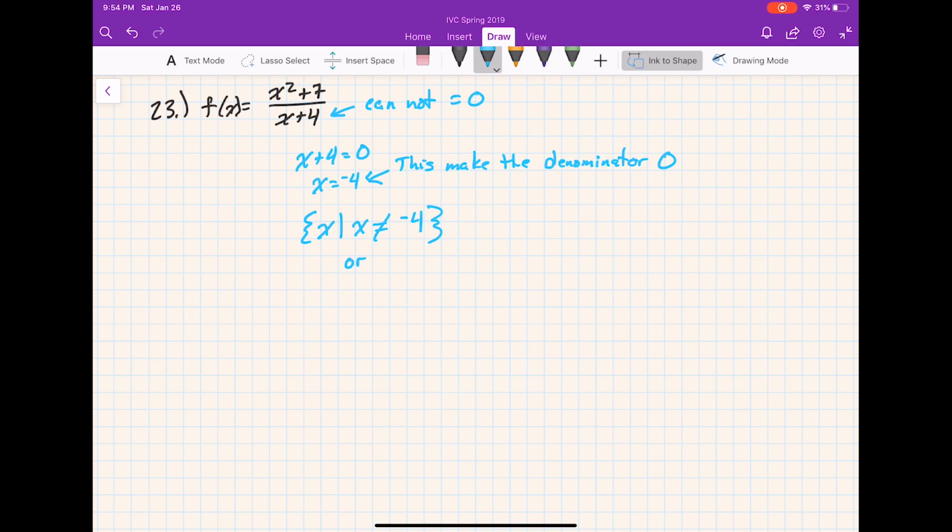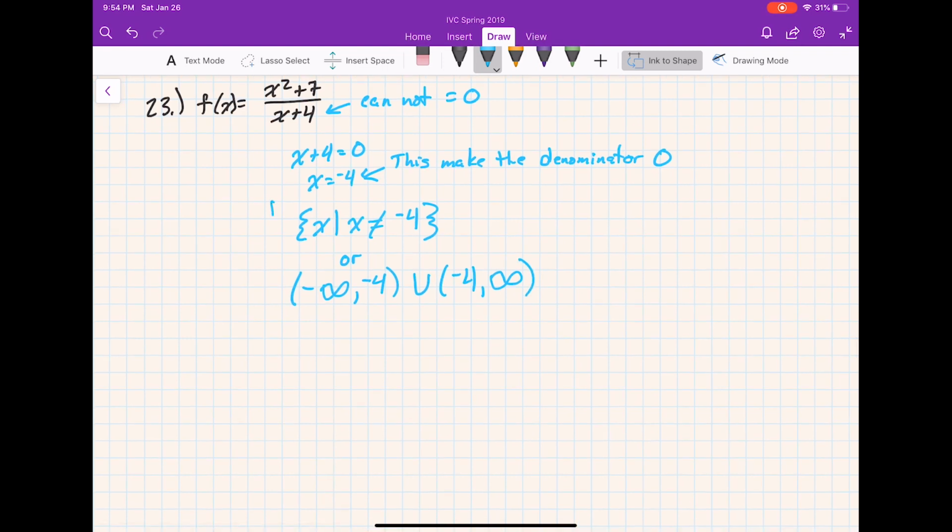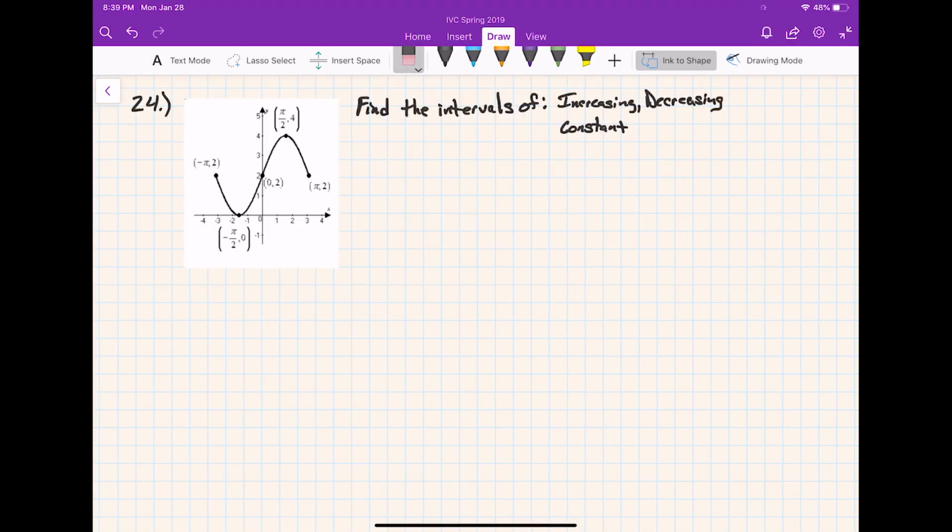Can't do that. Or we can write it in this other notation where we're writing coordinates kind of. It's negative infinity, not including, of course, up to negative 4, not including, and then negative 4 up to infinity. That just indicates that there's a gap at negative 4. And there's our answer for that guy.